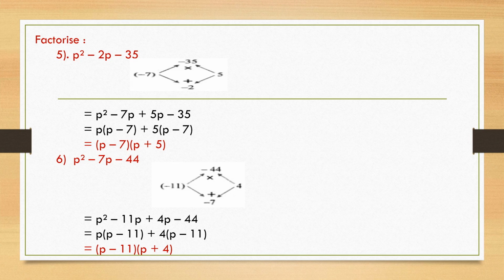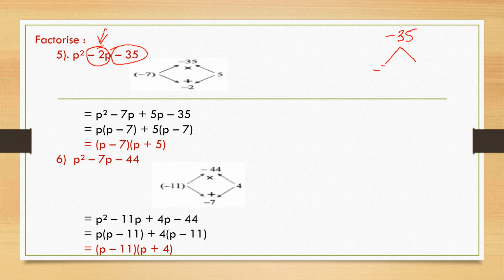If you see in this sum, the last constant term is minus 35. Minus 35 we have to split into two such numbers that after multiplying those numbers you should get minus 35, and after adding you should get the middle term. In this case, the middle term is minus 2.